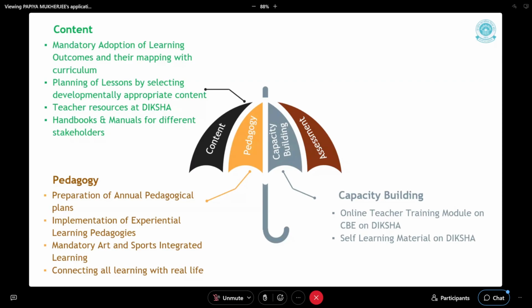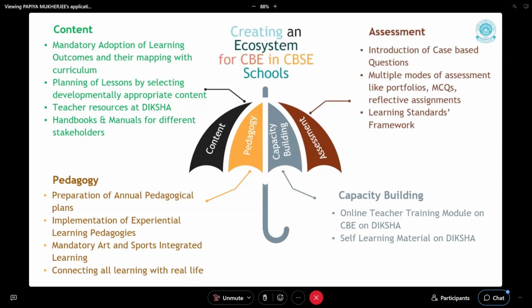Manuals have come up. In pedagogy, preparation of an annual pedagogical plan, and then mandatory experiential learning, art and sports integrated learning, and connecting all learning to real-life situations. In assessment, various changes have been made.